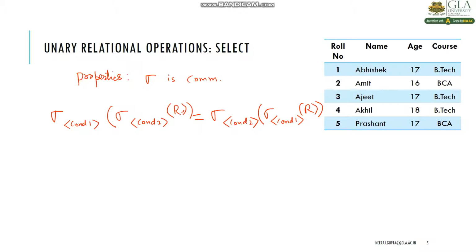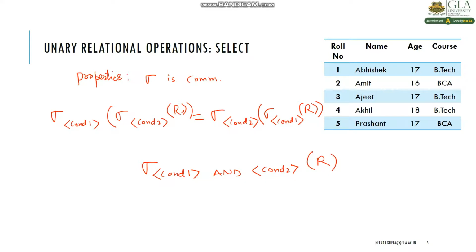Okay, and we can also write the conditions with the and operator. That means sigma condition 1 and sigma condition 2 on relation R are combined into this.